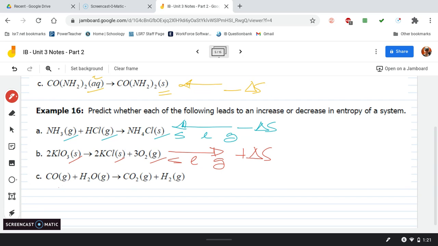And the last one, gas, gas, gas, gas. We have to count moles. So let's go ahead and look on the left side. This is a 1. This is a 1. So there's 2 moles of gas on the left. And same thing there. So this one is a question mark. You cannot determine this by inspection.